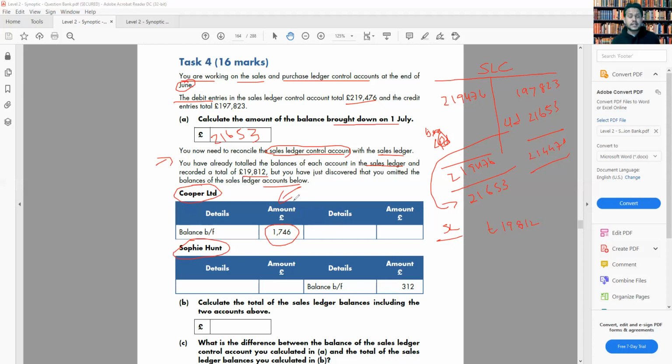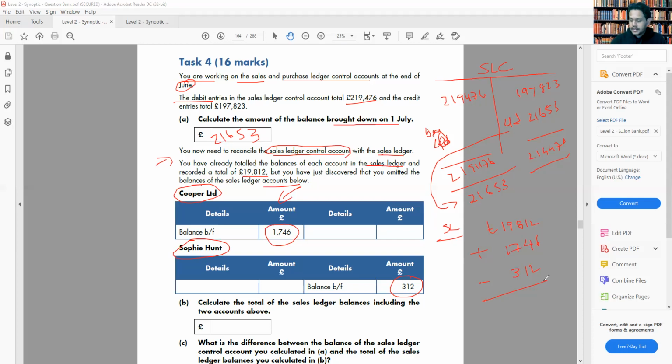If the sales ledger balance is on the debit side, my asset increases because I'm expecting more money from the customer. My previous balance was 19,812. Now I'm expecting 1,746 more because I missed this one. And a balance on the credit side means I have to minus, because this customer overpaid or for some reason I have to pay this customer. So I'm going to minus 312.